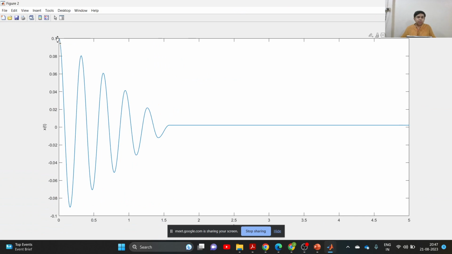We provide an initial displacement of 0.1 and an initial velocity of 0.1 and let the system go. Then we see that the amplitude decreases linearly. In every full cycle, the amplitude will reduce by 4 mu N by k. So we can verify that.